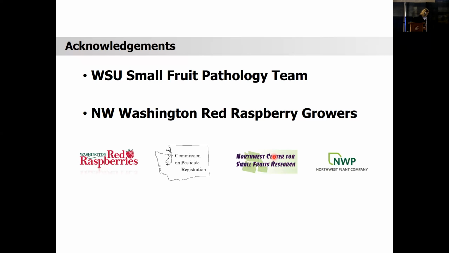I have a question. I saw you have a chemical spray program. You put the Captan first and the Switch later. Do you think it would help if you put the Switch first and Captan later? Captan is more like a contact fungicide, and Switch is systemic. Systemic means the plant will absorb it and then have the resistance later.